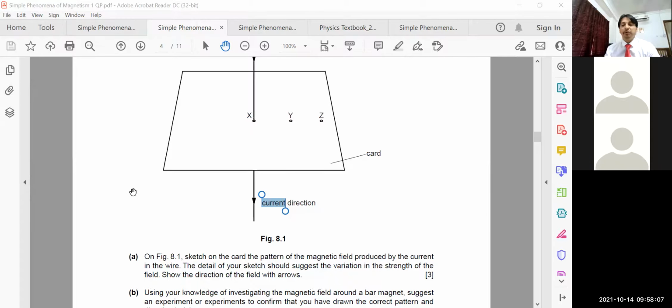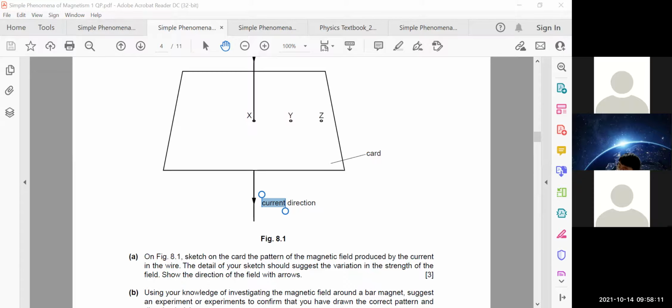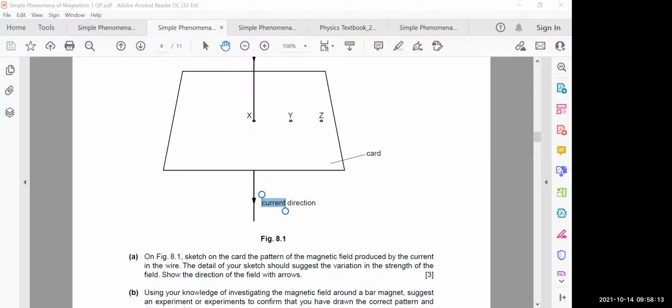So what experiment will you perform? Yajish, what experiment will you suggest? Using a magnetic compass. If you take a magnetic compass and keep pointing at different positions, you will find that the magnetic compass north pole will point in the clockwise direction and you will get concentric circles.